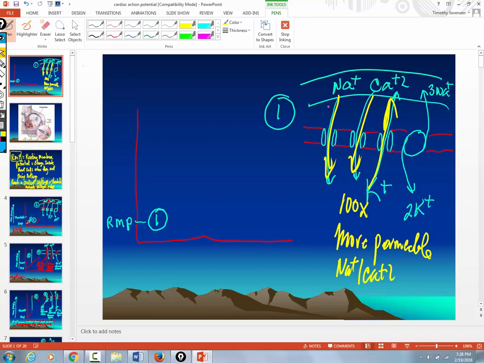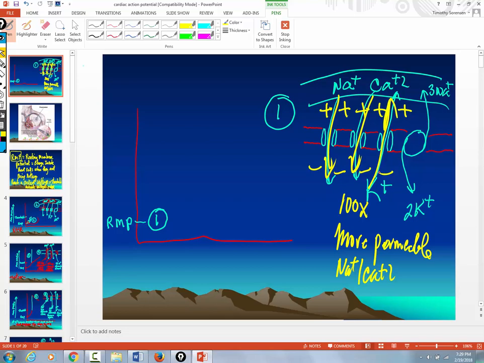The result is that the outside of the SA node cell becomes positive relative to the inside. Now, anytime you have a difference in charge across the cell membrane, if that cell has voltage-gated channels in it, it can produce electricity. And since we're talking about voltage, obviously the heart has voltage-gated channels in it too.